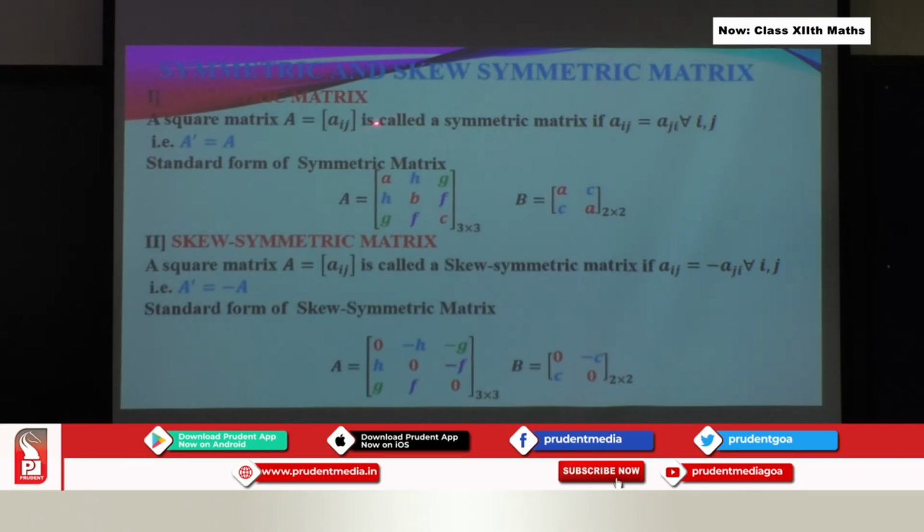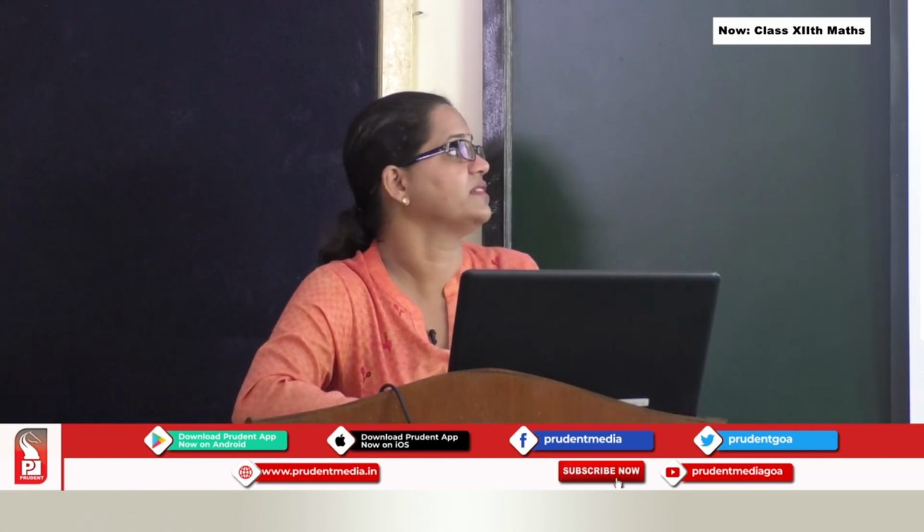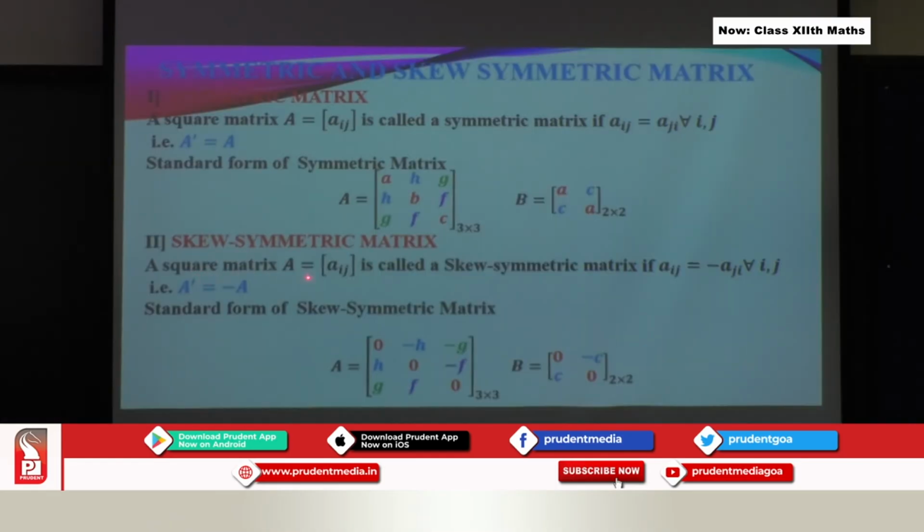So what do you mean by skew symmetric matrix here? If A transpose is the negative of your original matrix, then it is a skew symmetric matrix. Look at this here. A square matrix is called skew symmetric matrix if Aij is equal to minus of Aji for all i, j.